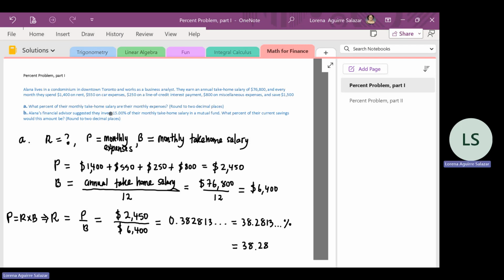We leave the 8 as it is because we have a 1 after the 8, so no need to change the 8 to a 9. If there was a number like 5, 6, 7, 8, or 9 here, we would change the 8, replace it by a 9. Now we have that Alana's monthly expenses are 38.28% of their monthly take-home salary.